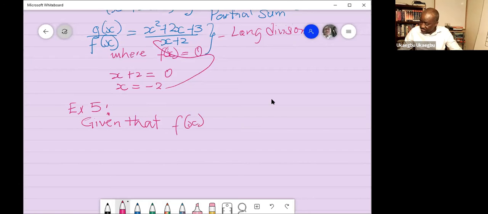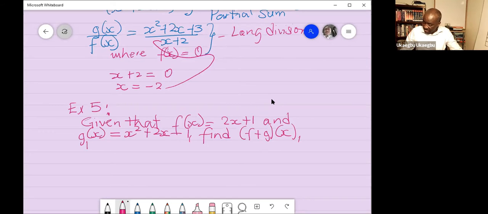f of x is equal to 2x plus 1 and g of x is equal to x squared plus 2x minus 1. So find f plus g of x, then evaluate the sum when x is 3.